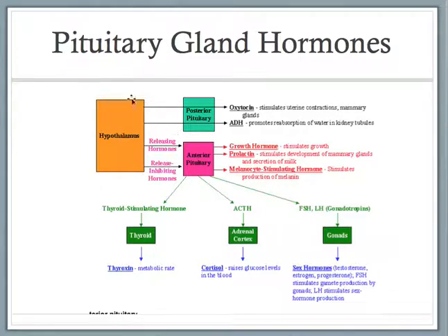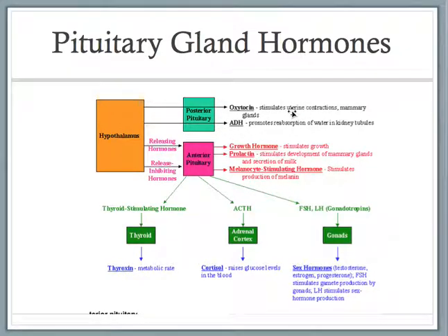So again, we've got the hypothalamus, and as we looked at before, there are neurons here in the PVN and the supraoptic. So they begin here in the hypothalamus, extend all the way down to the posterior pituitary or the neurohypophysis, where we can store these two products, oxytocin and antidiuretic hormone.